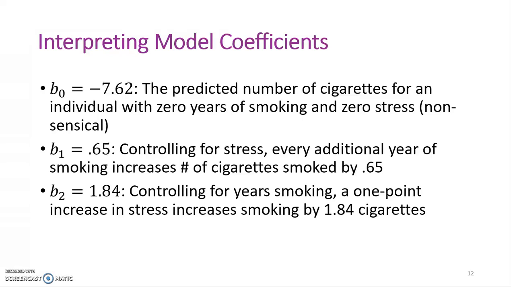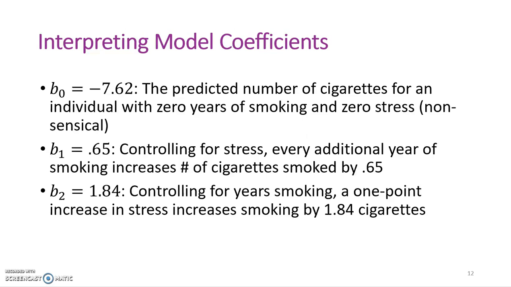Just by looking at this number, we know it's a nonsensical estimate because no one is smoking negative 7.62 cigarettes. So this intercept doesn't do much for us here, and we'll look at how we could get an interpretable intercept estimate later on.